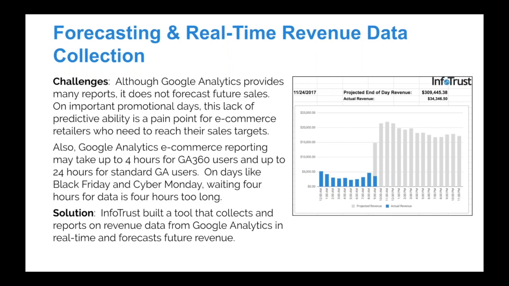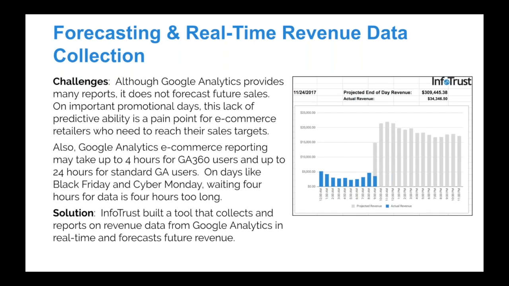It can be a real pain point, especially for our large e-commerce clients, that GA doesn't have any predictive capabilities around e-commerce or revenue. I mean, frankly, very little predictive capabilities at all.